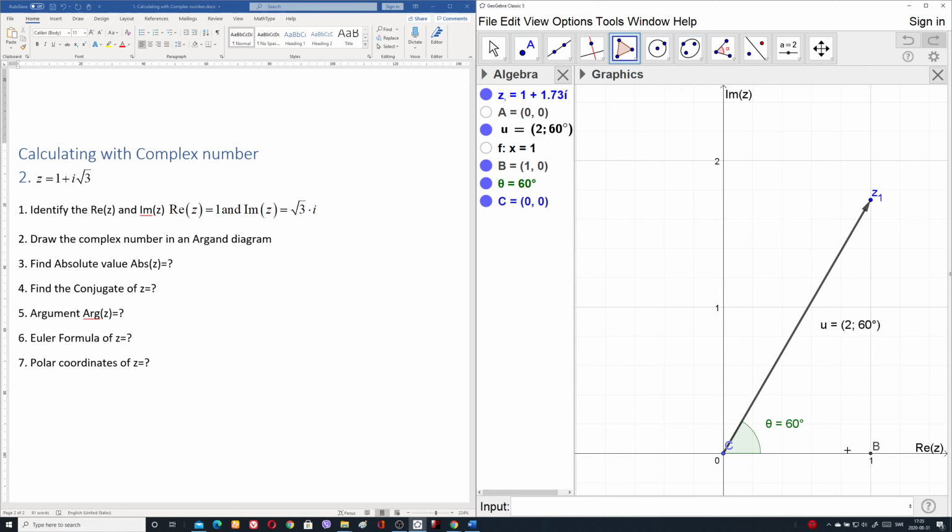And let me do again the same. Now a polygon. Okay. So this one I don't need. This I need. And the C I don't need.